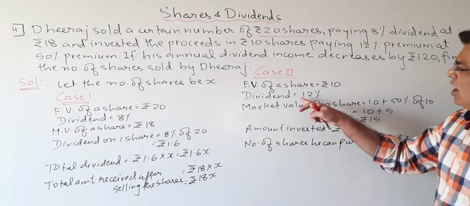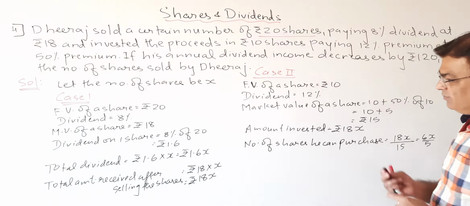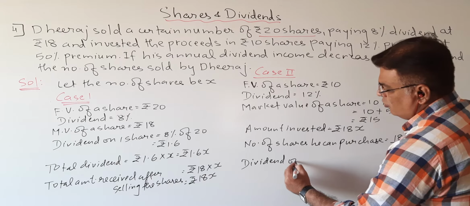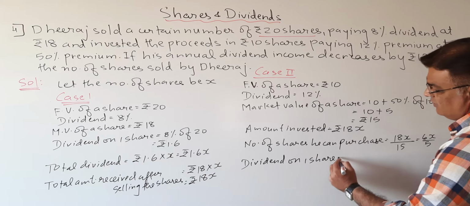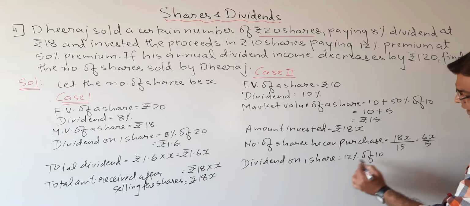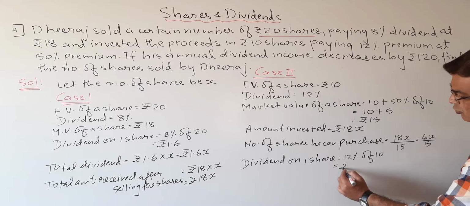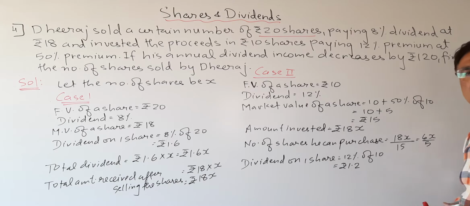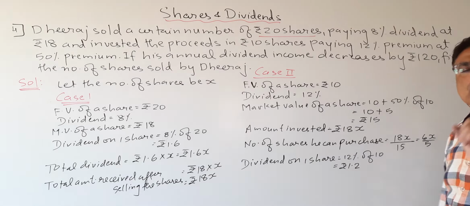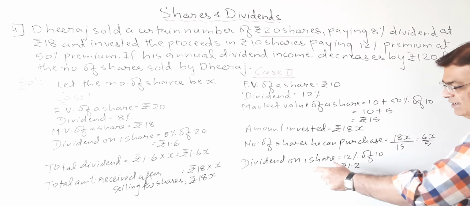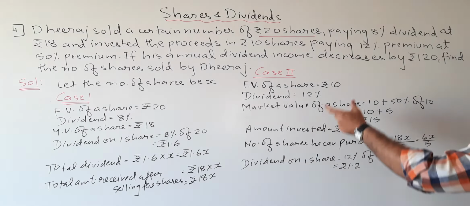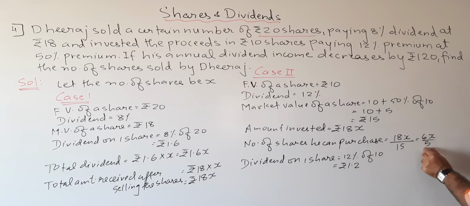Now how much dividend is he getting on one share? The dividend on one share, we know he gets 12%. So 12% of 10 comes to rupees 1.2. Just calculate 12% of 10, you will get 1.2. So on one share, in the second case, he is getting a dividend of 1.2 rupees. So in total he was able to purchase 6x upon 5 shares.